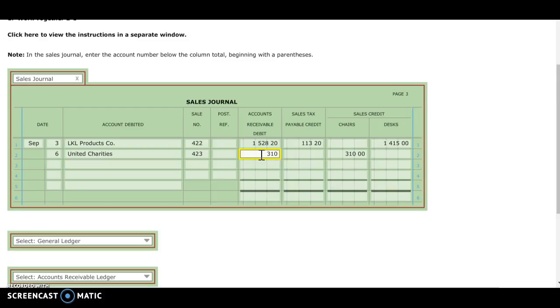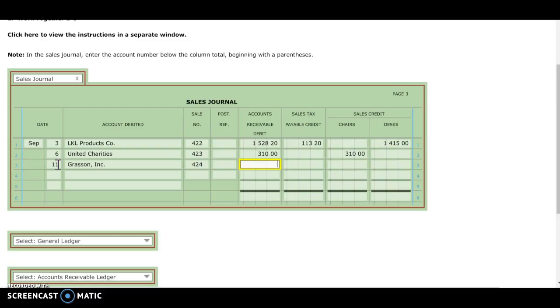Next one, September 11th. 3 desks for 2,400, sales invoice 424. So still in the sales journal, it is now the 11th. We have Grasson Incorporated, sales invoice 424.